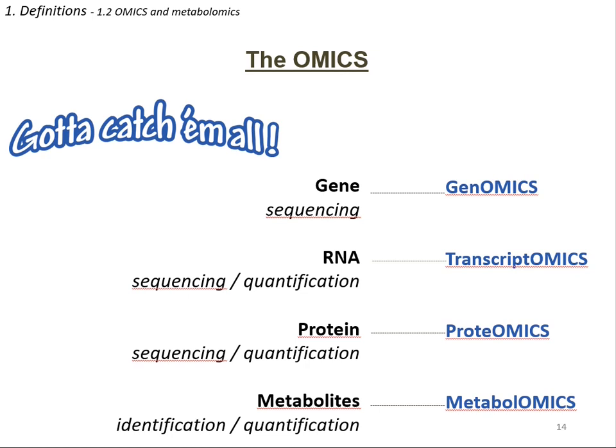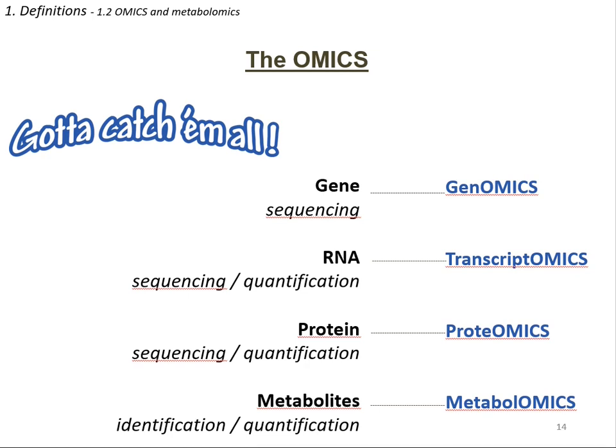So the transcriptome is the abundance of every messenger RNA in a given sample. This is also something that is quite easy to do today. It's a mature technology, and you can really have the transcriptome of a biological sample. It's quite easy, but then you have to treat the data. It's another problem, but it's possible.